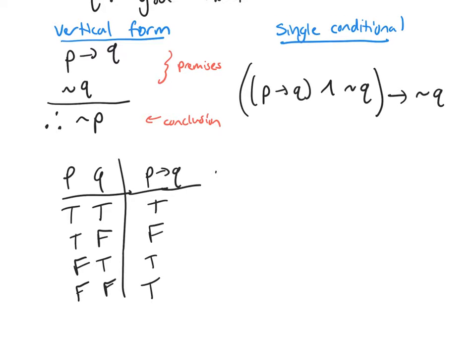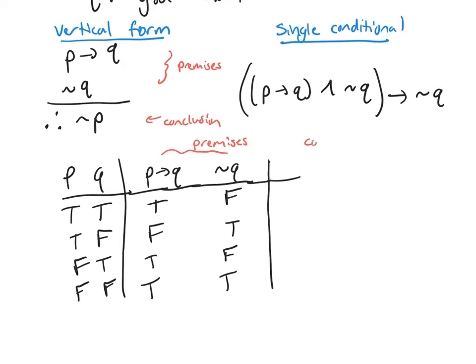I also need my second premise, not Q. So flip the entries of Q. And I've got all my premises together. All right, these are my premises. Now I need my conclusion in the last column of our truth table. It'll be not P. So flip the entries of P.